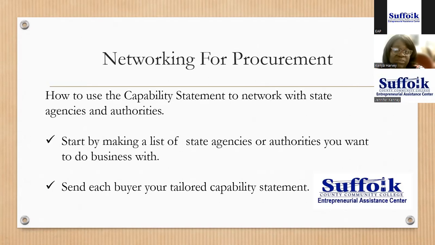Get to know what their needs are and how you can solve them. Once you do that, you send each buyer your tailored capability statement. So your capability statement is tailored to that agency's need, once you've done your homework to find out what their needs are.